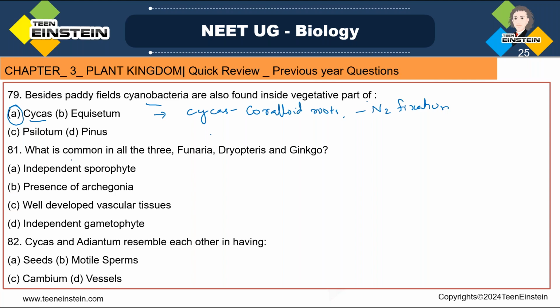Next question. What is common in all the three, Funaria, Dryopteris and Ginkgo? First option is independent sporophyte. Second option is presence of archegonia. Option C, well developed vascular tissue. Option D, independent gametophyte.